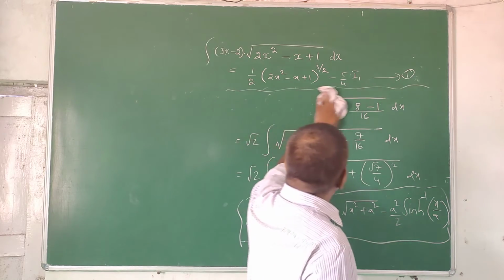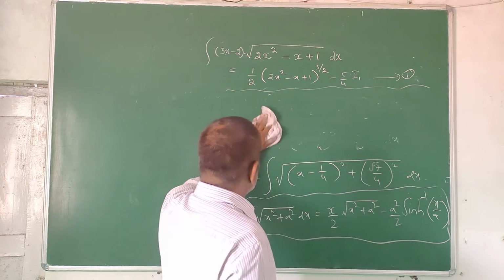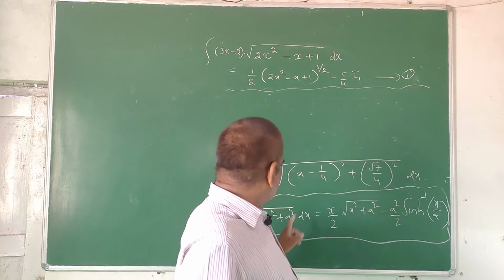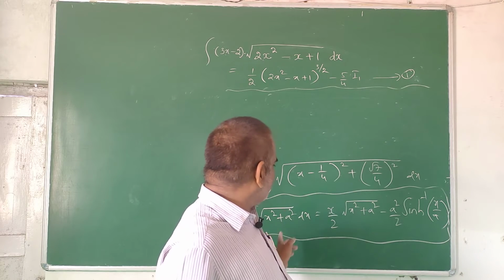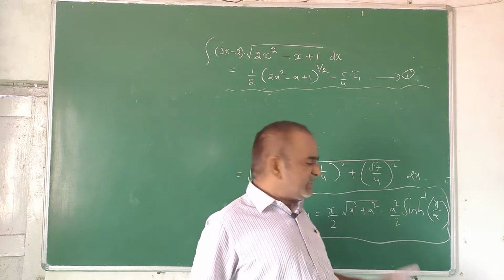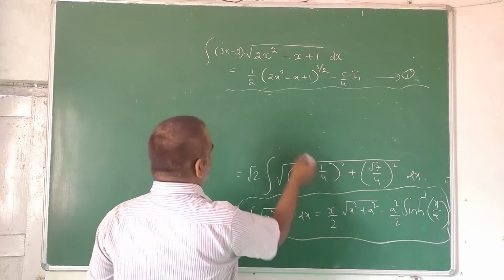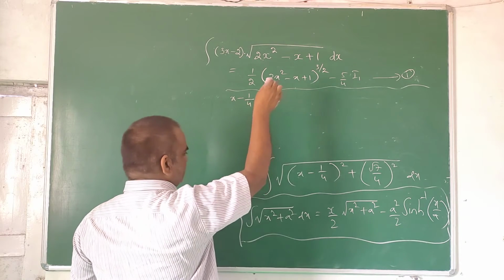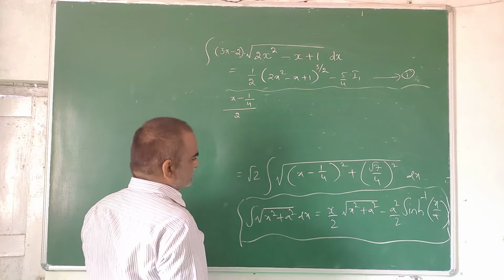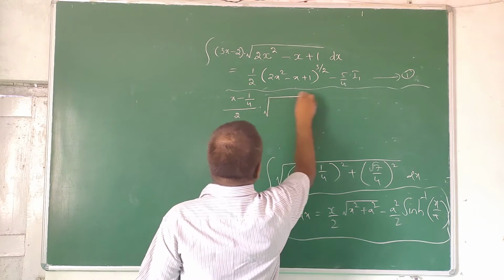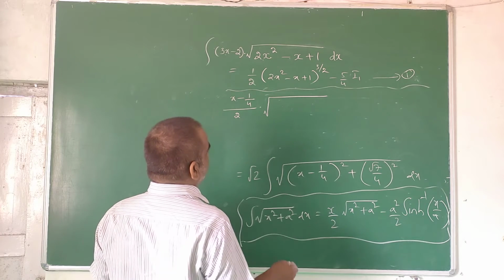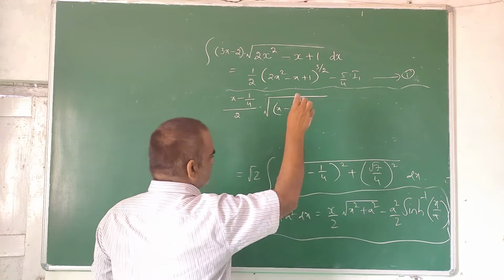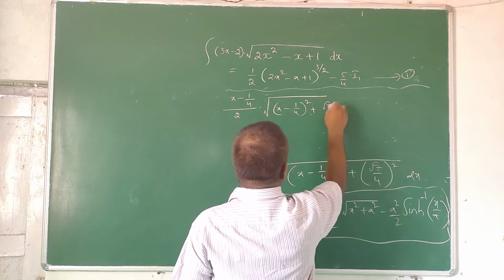So you have to apply this formula now to evaluate this integral. So if you compare this and this, x minus 1 by 4 plays the role of x, root 7 by 4 plays the role of a. So now x by 2 means x minus 1 by 4 by 2, into root over x square plus a square means x minus 1 by 4 whole square plus root 7 by 4 whole square.